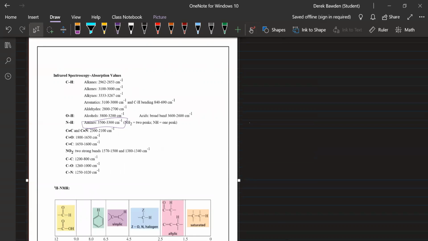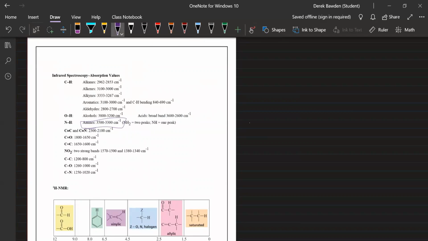Let's see. It's actually a secondary amine. It's going to have 1 hydrogen. Okay, so if you see here, this NH, that's secondary, and that's 1 peak.